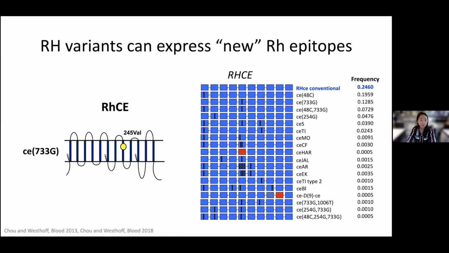So both the 733G red cells and a conventional little c, little e red cell would both type as little c, little e. But if you accidentally give this to a patient who's only little c, little e positive without having this variant, they could be at risk for making an anti-V or an anti-VS.